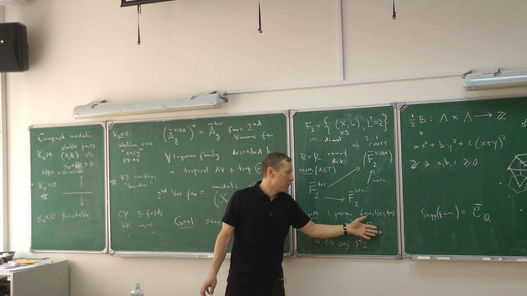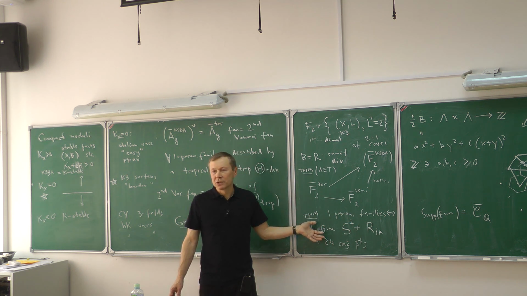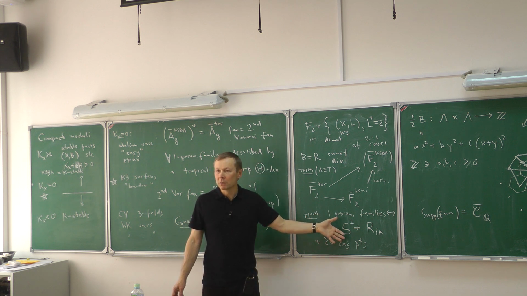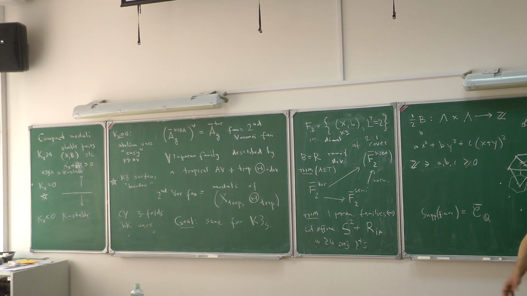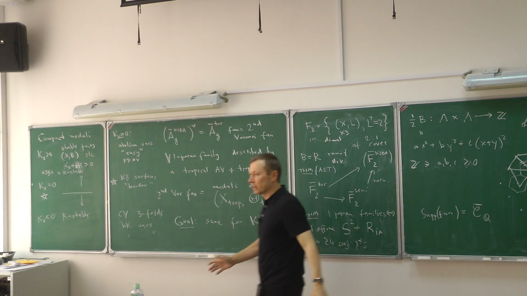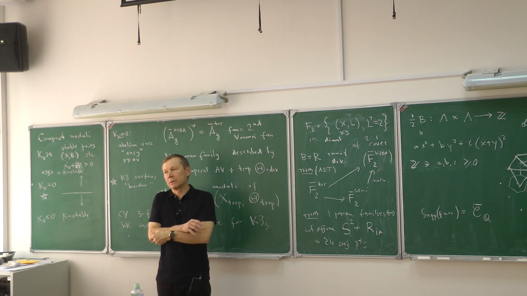And then, most explicitly, there's a paper from 2006 or so by Kontsevich and Soibelman, where they say explicitly: instead of the torus, you have to take a sphere with 24 singular points, with an integral-affine structure on it.